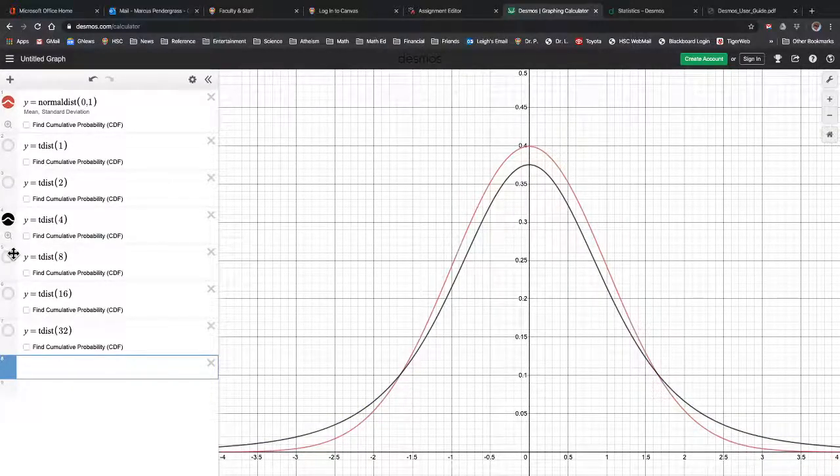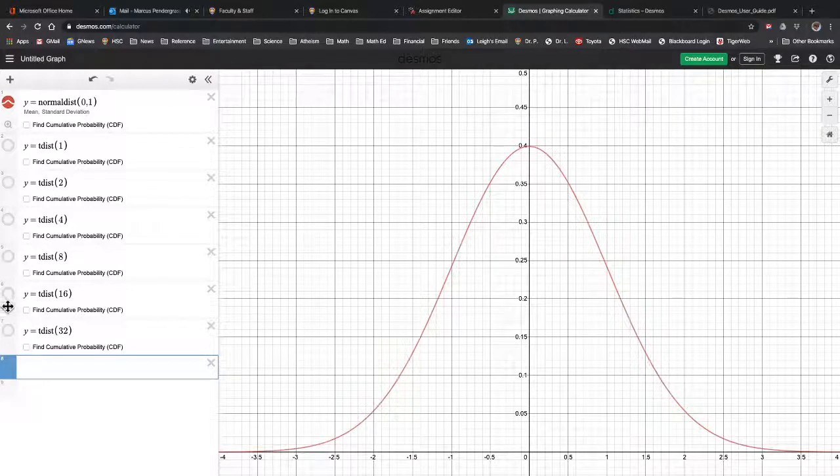And here is the t-distribution with 8 degrees of freedom. You'll see that it lies between the t-distribution with 4 degrees of freedom and the standard normal. So there it is. This phenomenon actually continues as the degrees of freedom increases. Now here's the t-distribution with 16 degrees of freedom, very close to standard normal. And here's the t-distribution with 32 degrees of freedom, even closer yet to the standard normal.